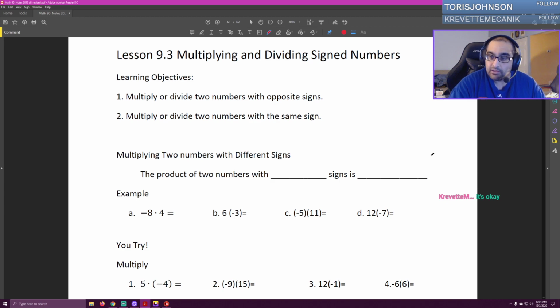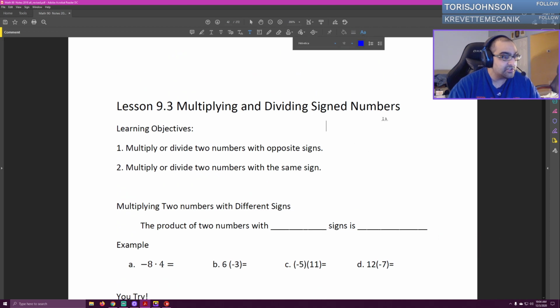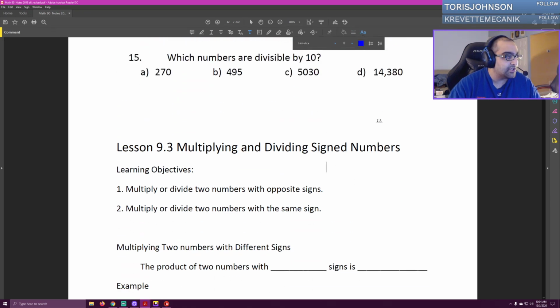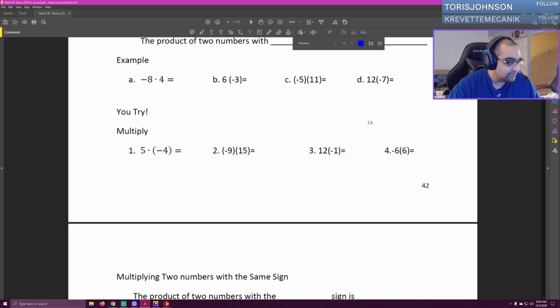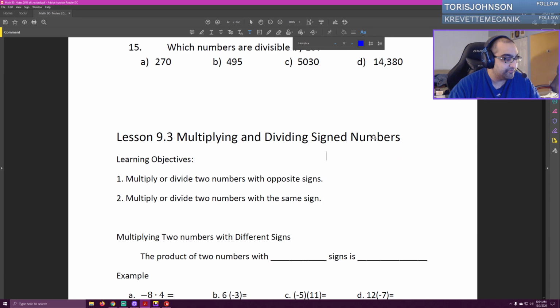But the key here is basically the rules. All you have to know is the rules, and once you know the rules, it's pretty simple.